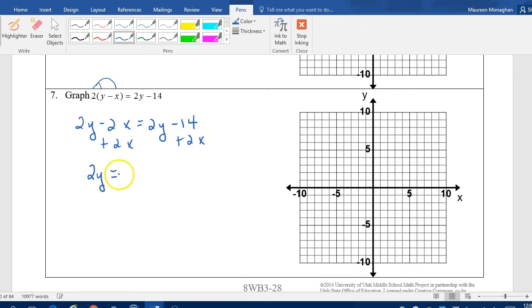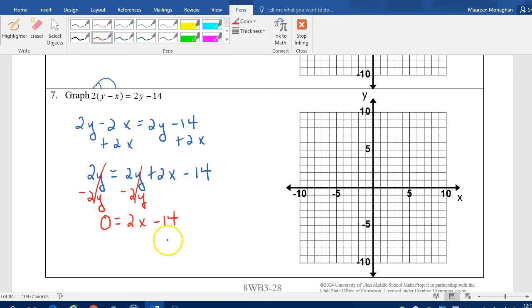So now I have 2y equals 2y, uh-oh. Minus 14. Oh gosh, this is tricky. 2y, 2y. Because I got to get rid of this 2y over here. Look what happens. They both drop out. Don't let it scare you. We're going to have 0 equals 2x minus 14.